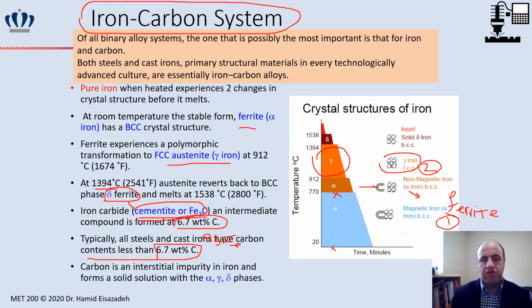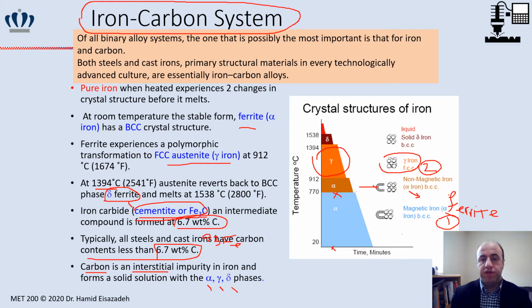And we mentioned that carbon is an interstitial impurity. So we have a solid solution which is of the interstitial type because carbon sits between iron atoms because it's so small. And carbon can dissolve in all of these phases.